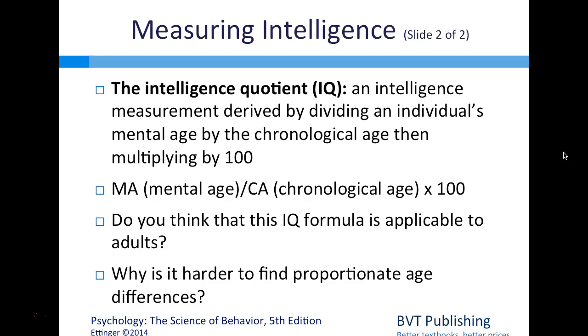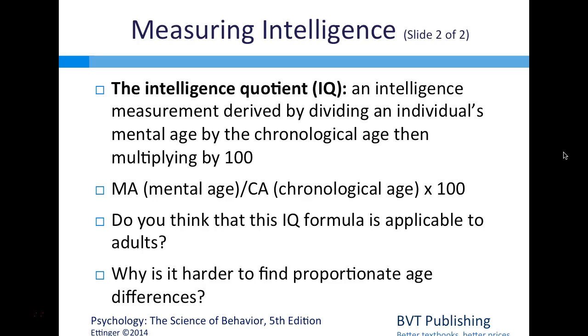So, the intelligence quotient. I'm sure you've all heard of an IQ test. A few years after Binet's pioneering efforts, the German psychologist L. Wilhelm Stern devised a simple formula to avoid the problem of dealing with fractions that arose when mental age was compared to chronological age.